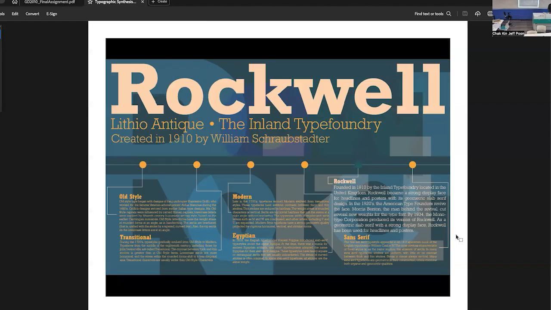Okay, we move on. Rockwell. What does Rockwell belong to? Interesting question, right? Any idea? The typeface is called Rockwell. What classification does it belong to?